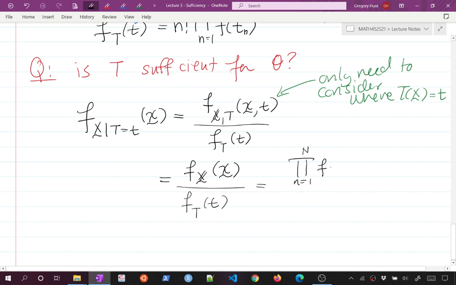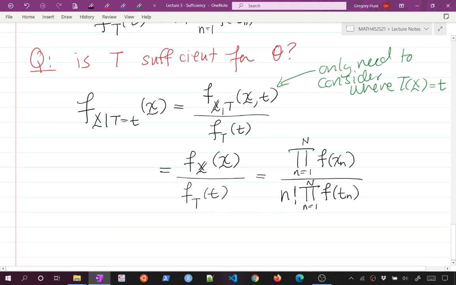It is this, and in the basement we have an n factorial, and then we have a product.